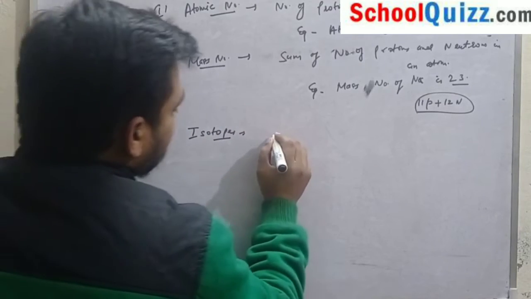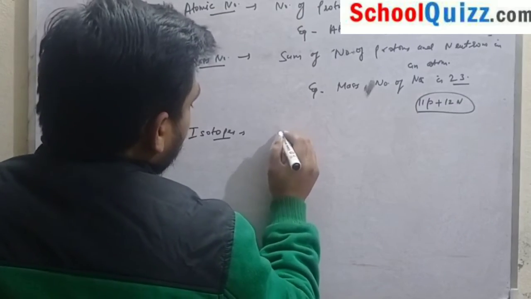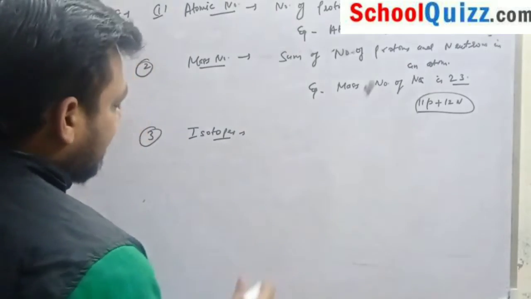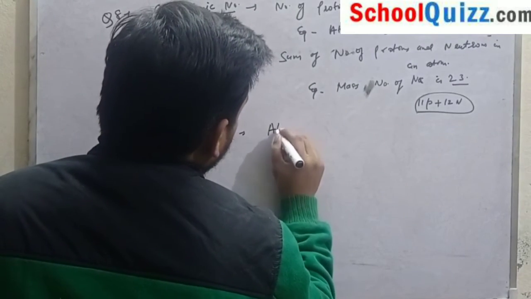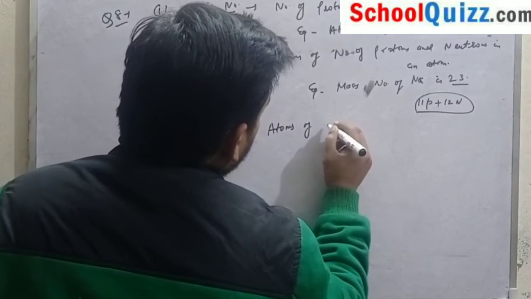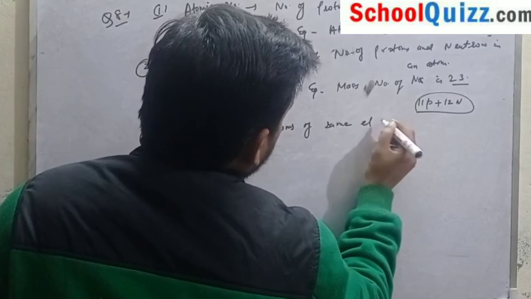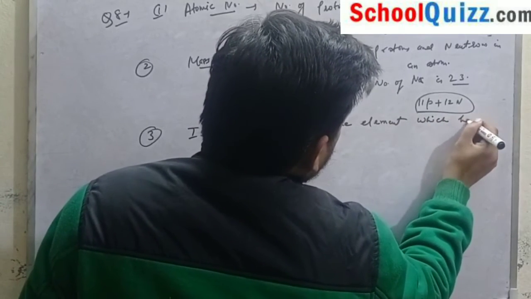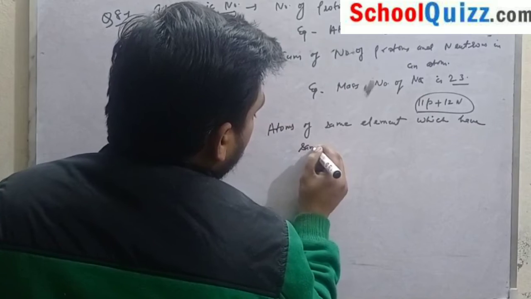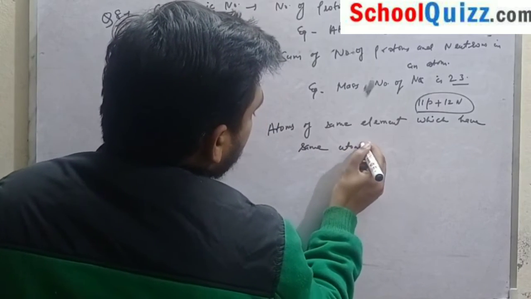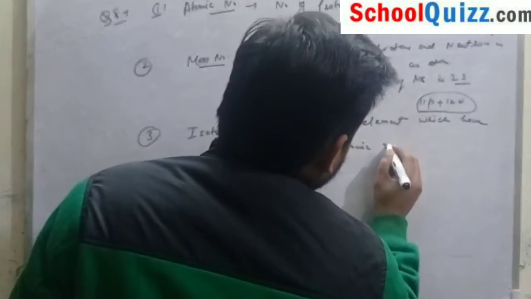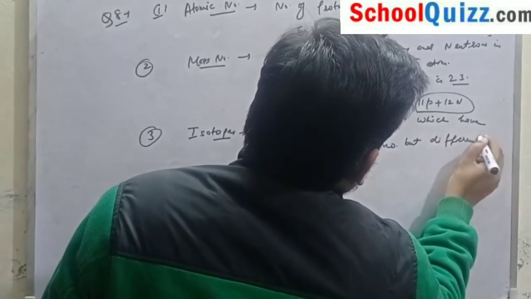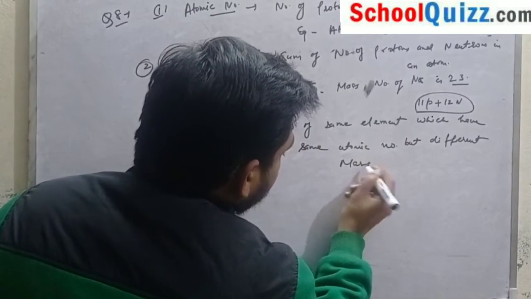What are isotopes? Atoms of the same element which have the same atomic number but different mass number.